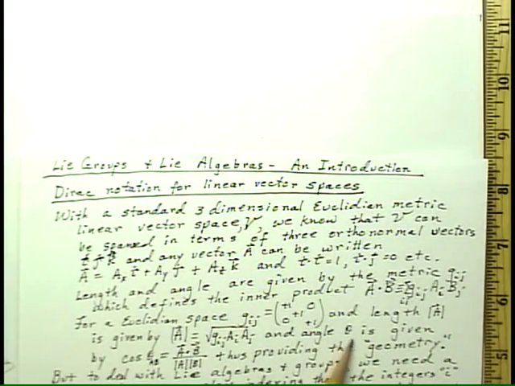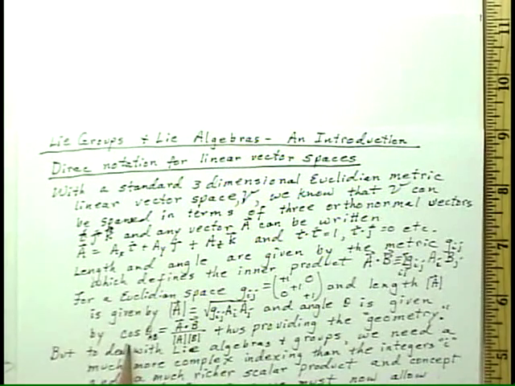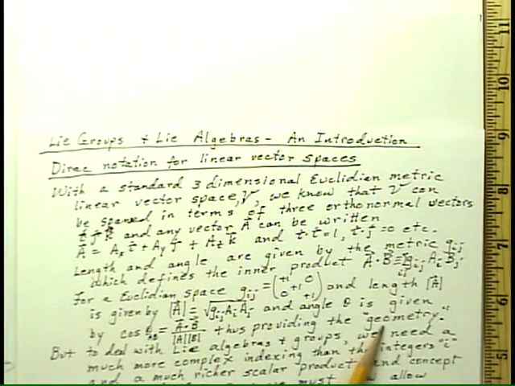The angle theta between the vectors A and B is given, of course, in terms of the metric as A dot B divided by the magnitude of A times the magnitude of B. Once we have the angle between any two vectors and the length of any vector, we form our geometry. That gives us our entire concepts of both length and angle.